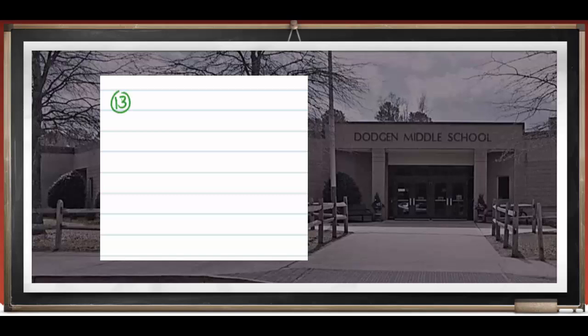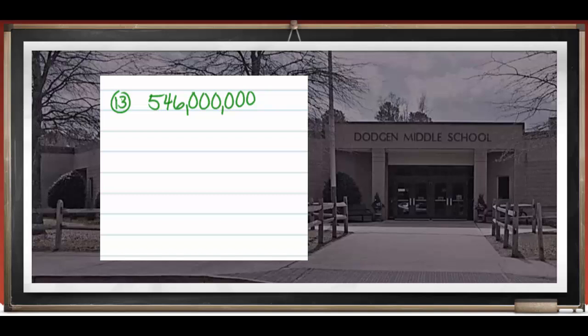Number 13. Number 13 gives us the value 546 million. And we're asked to write this in scientific notation.